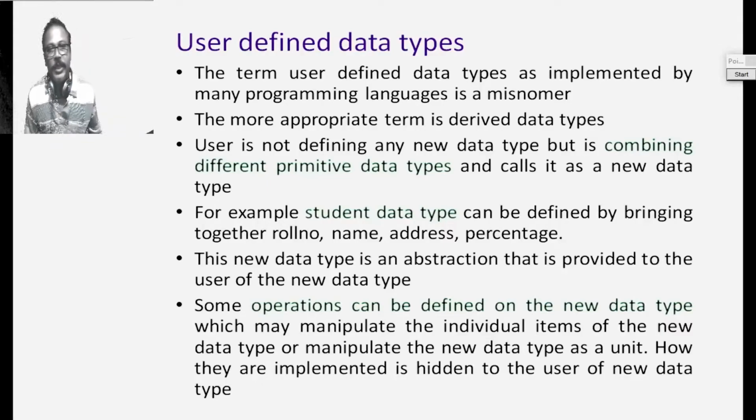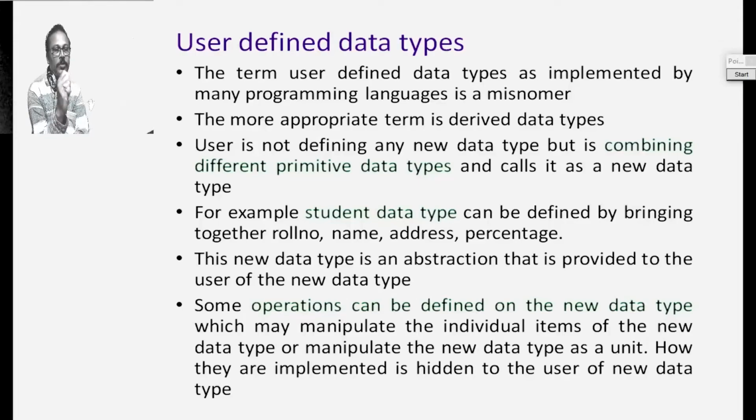Similarly, the user-defined data types also come under abstraction. User-defined data types means the user himself defines some data types. The most appropriate term is derived data types. Using the existing data types, or by combining them, he gets a new data type. Say a student.